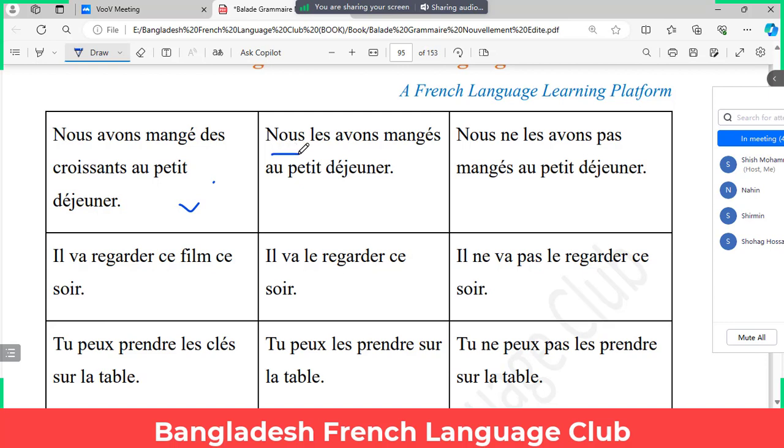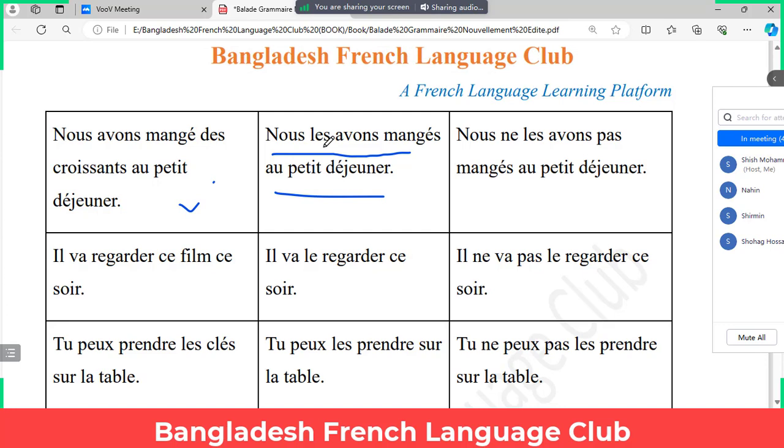So here the les is not an article, right? Not an article, because it is a COD used before the verb, right? Before the verb. So nous les avons mangés means we ate them.